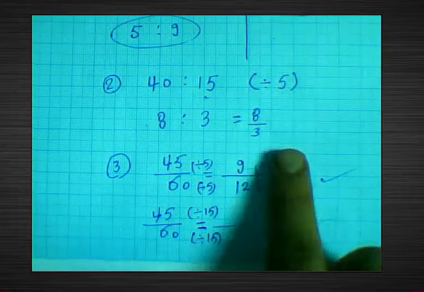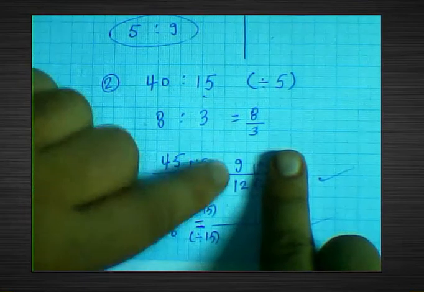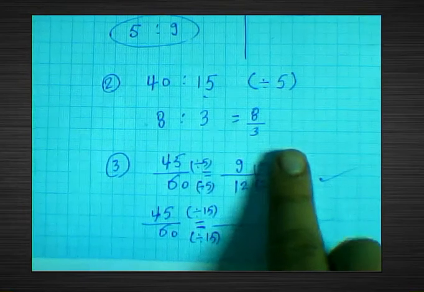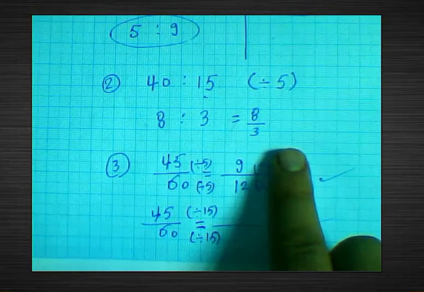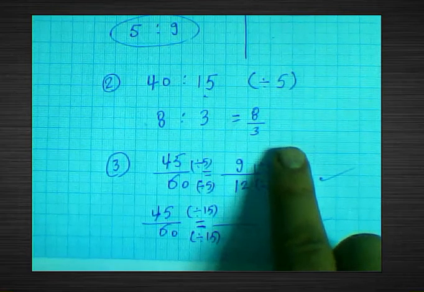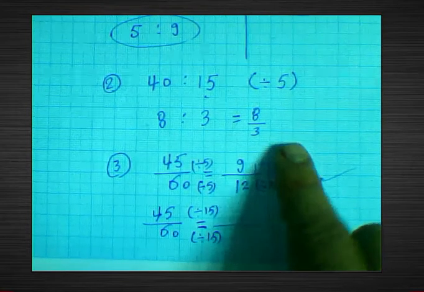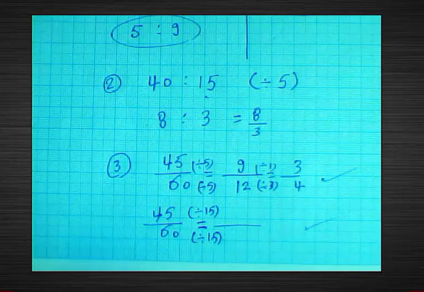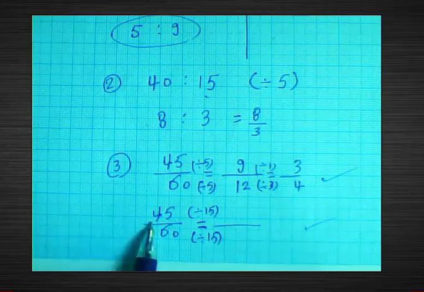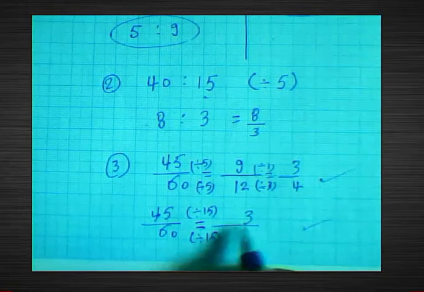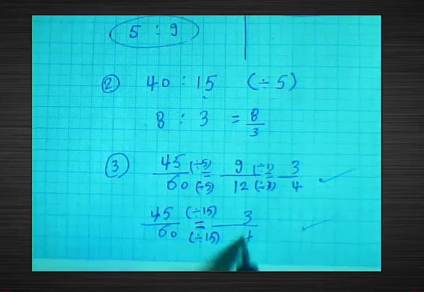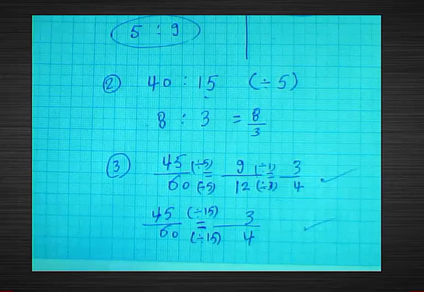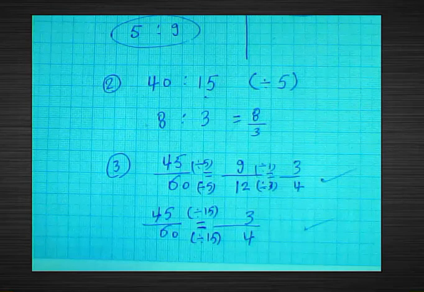Don't stop at the first step only. You must find the highest common factor between the two numbers and find the fraction in the simplest form. So 45 divided by 15 equals 3 and 60 divided by 15 equals 4. So the result will be 3 over 4. Okay, it's very easy for you.